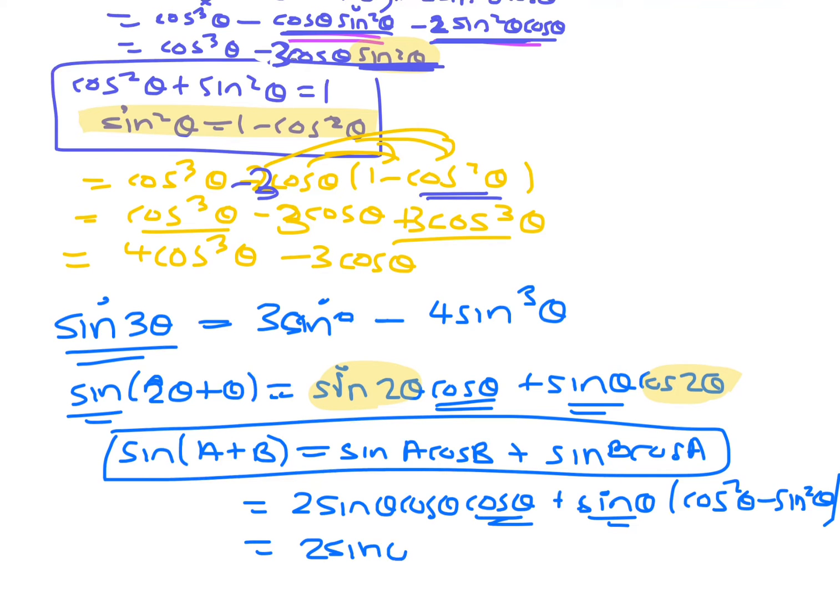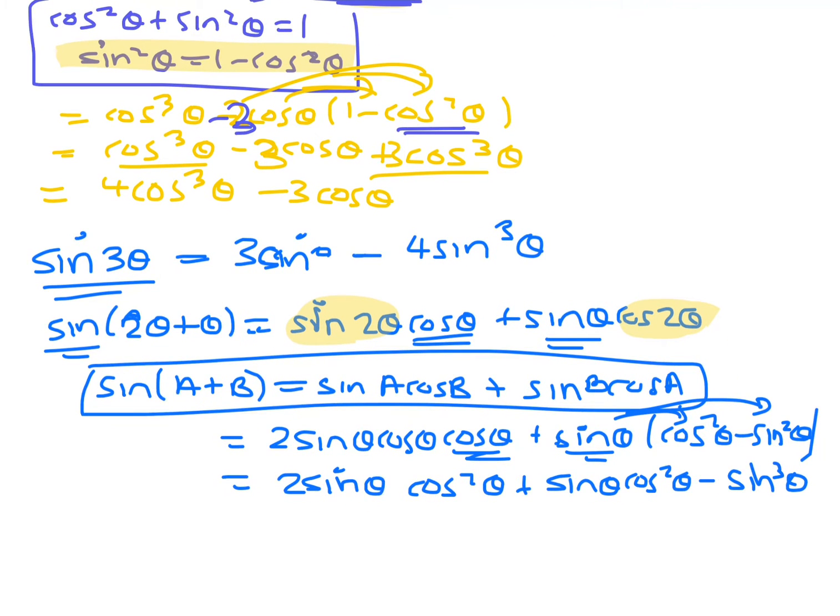So it's 2 sine theta cos squared theta plus sine theta cos squared theta minus sine cubed theta when we expand that bracket. The like terms give 3 sine theta cos squared theta minus sine cubed theta.